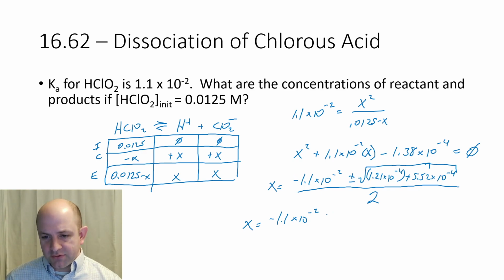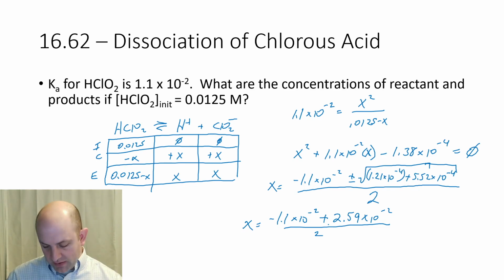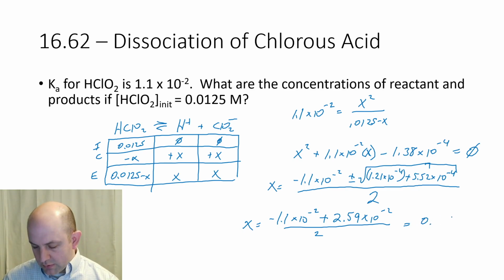We can't have a negative concentration, so I know it has to be plus. And it's plus 2.59 times 10 to the negative second, and then it's all over 2. And then if we simplify this out, so that's minus 1.1 times 10 to the negative second, divided by 2, x equals 0.00747, it looks like.